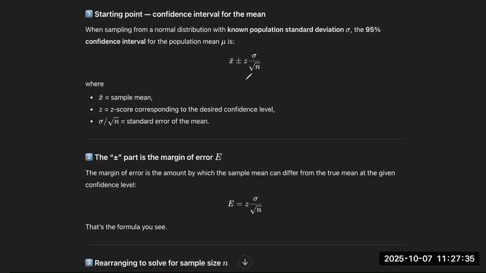In our case, it is plus or minus 1 ohm, and x bar is the mean of our normal distribution, the sample mean.